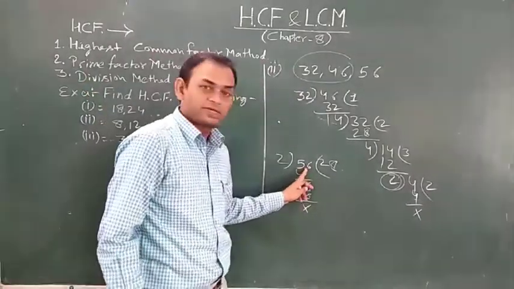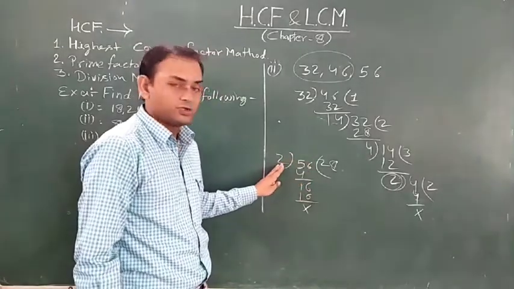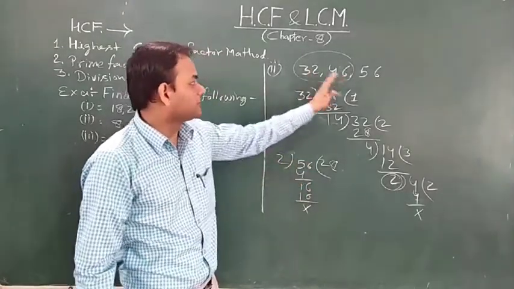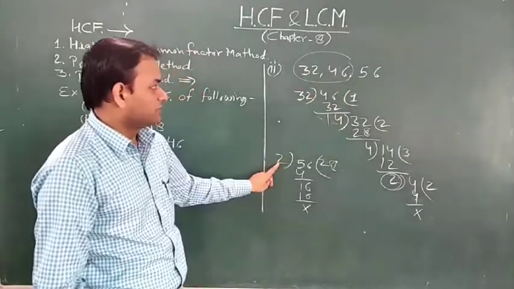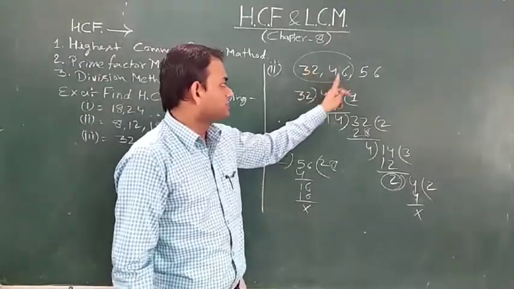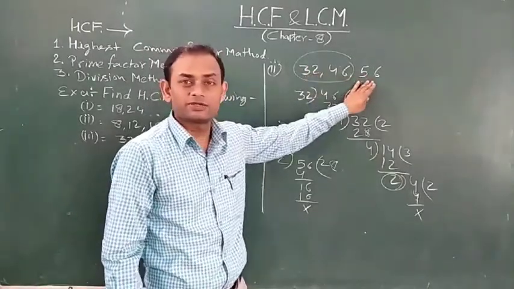Means this 56 is also exactly divisible by the 2, which is the HCF of these two numbers. So it means HCF of 32, 46 and 56 is 2.